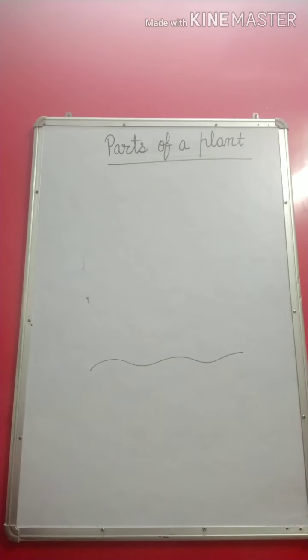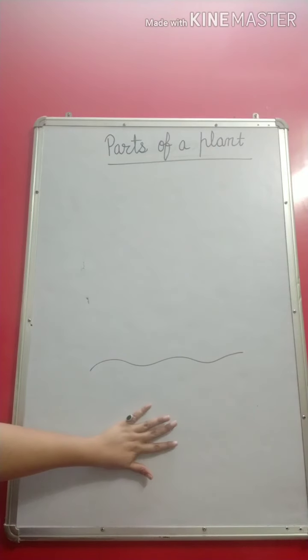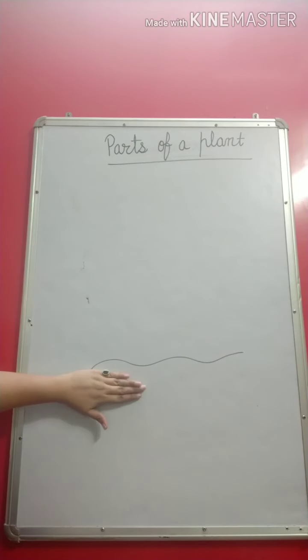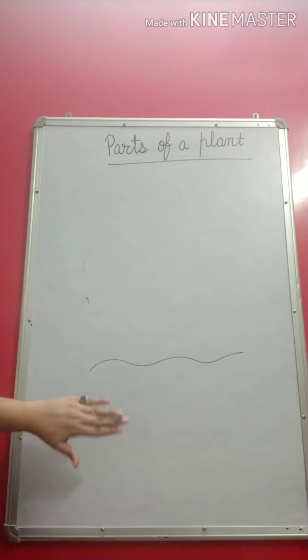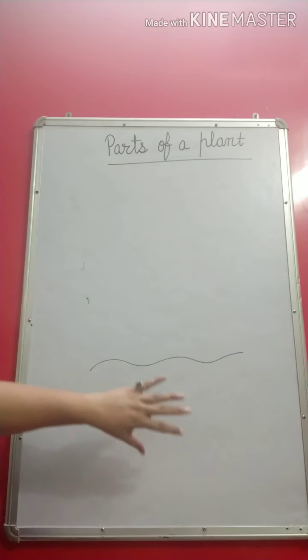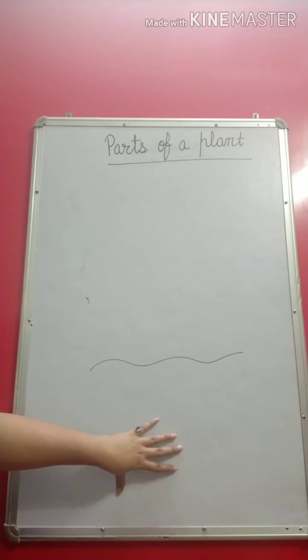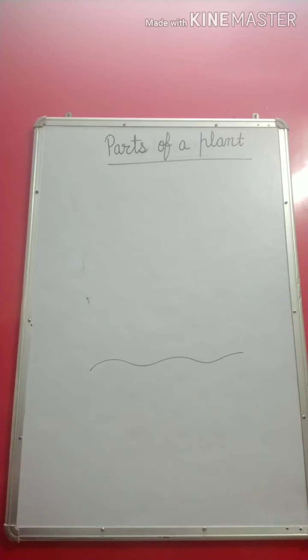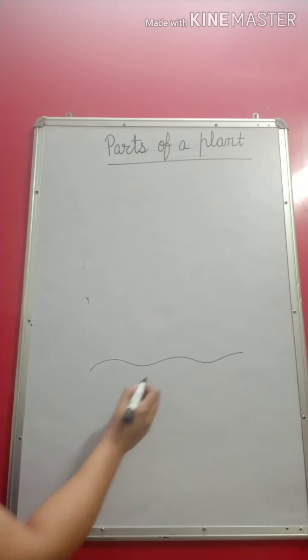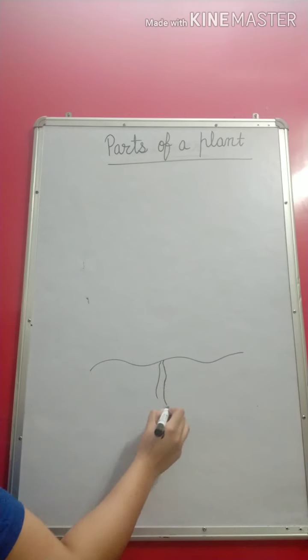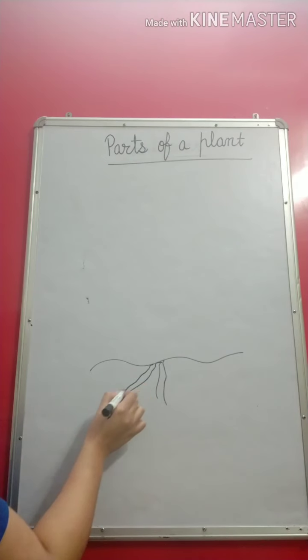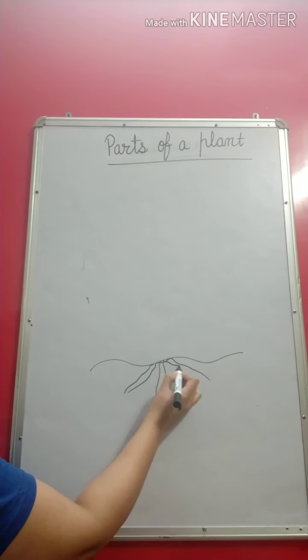So if I draw a curvy line like this, suppose this is the ground. There are plants which have parts below the ground as well. What we are going to draw below the ground is somewhat like this. There are again curves like this.